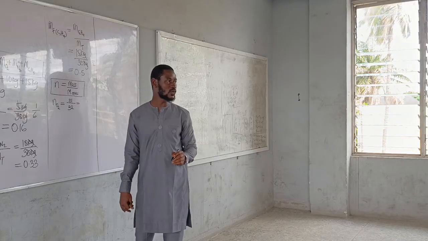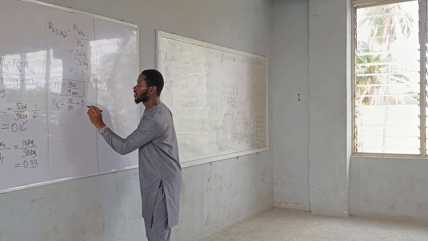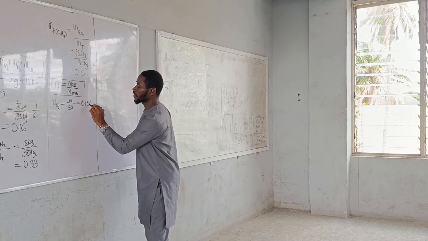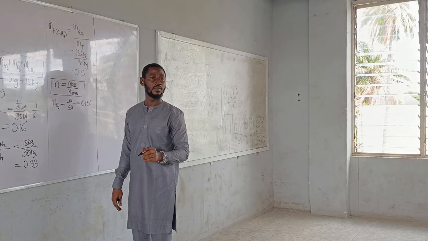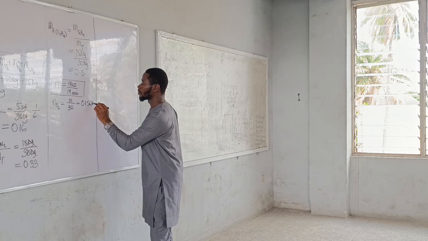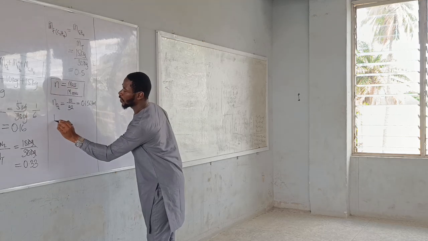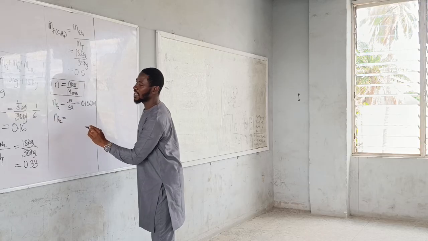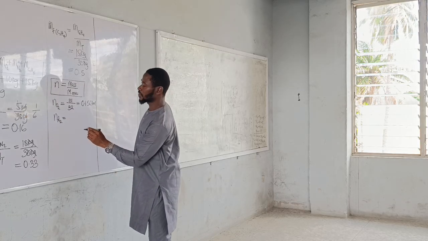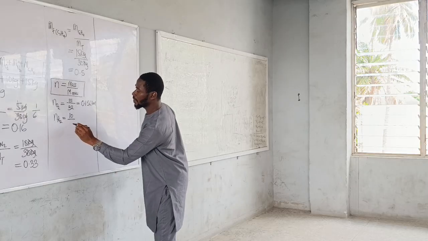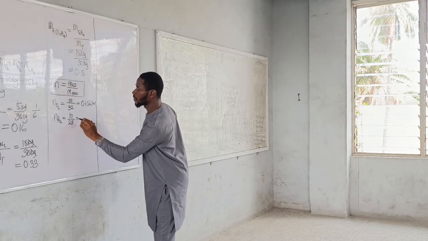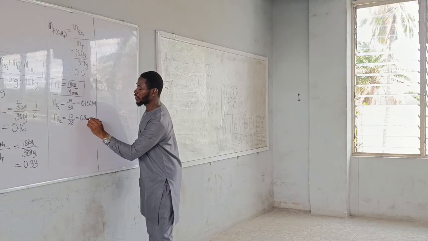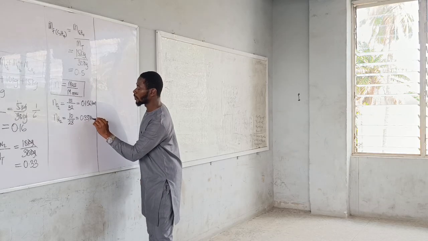5 divided by 32, 0.1566 kilomole. Number of moles of nitrogen: mass of nitrogen, which is 10, divided by the molar mass of nitrogen, 28. When you divide them, 0.357 kilomole.